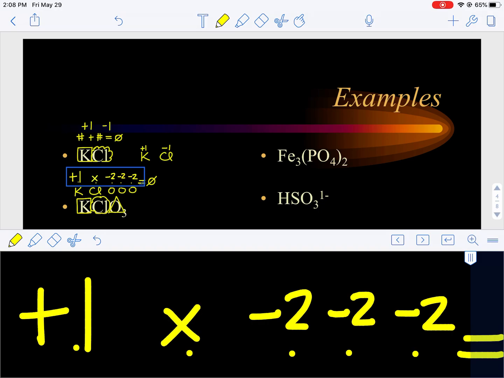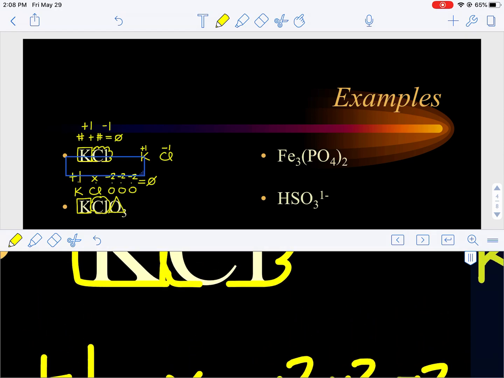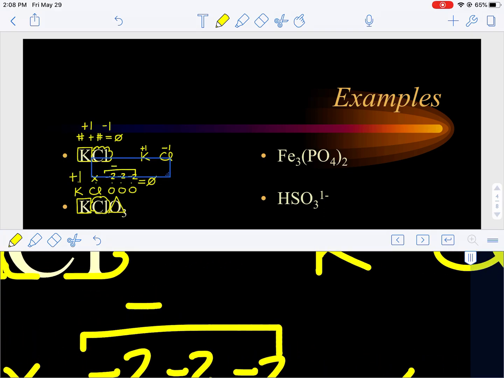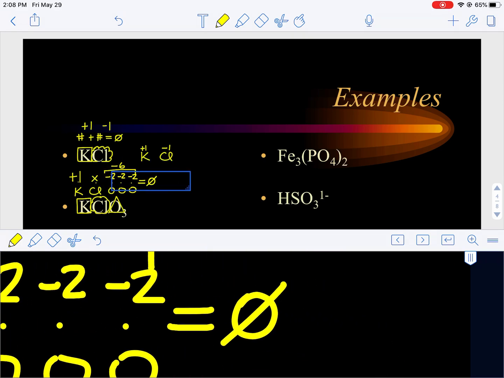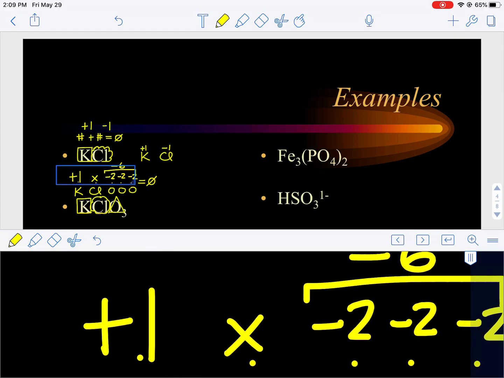Perhaps some of you would like to solve for X. You're welcome to do so. Others may like to think of it more holistically. In other words, the 3 oxygens are going to contribute to a charge of -6. I know that my charges eventually need to cancel out and be electrically neutral.